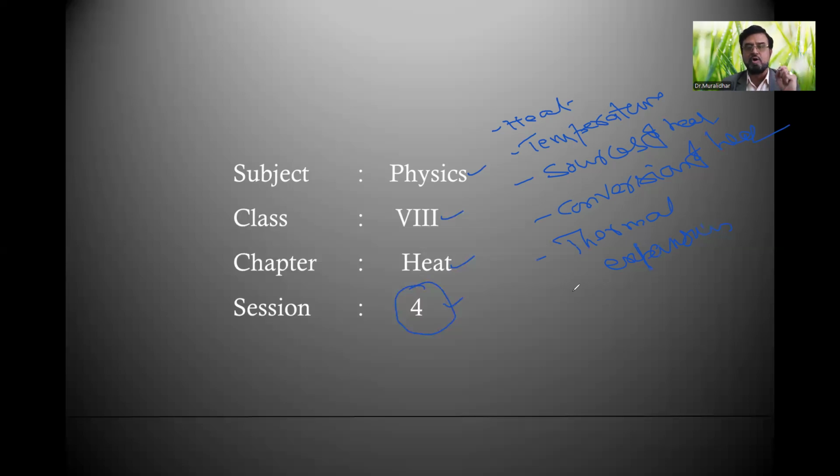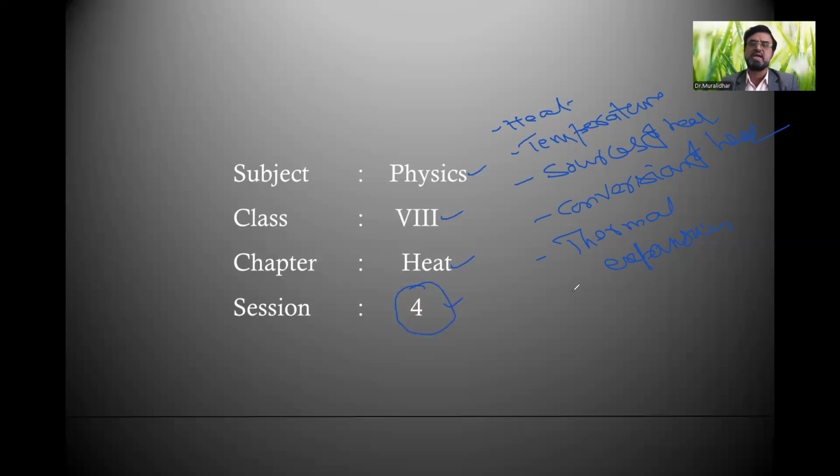The degree of hotness and coldness of a body is termed temperature. Heat is measured in joule because it's a form of energy, and also in calorie. 1 calorie is equal to 4.18 joule, a very important numerical value. Whereas temperature is measured in Celsius, Fahrenheit or Kelvin.